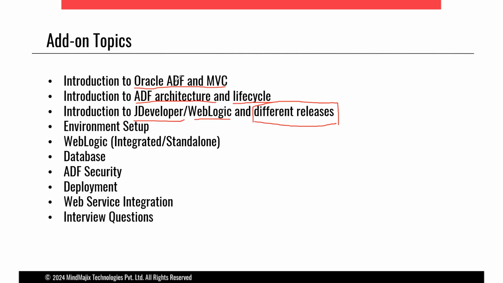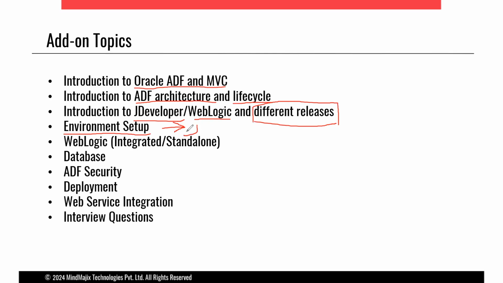Oracle ADF means Oracle Application Development Framework. It is taken from the MVC architecture. And one more thing, I will show you how to do the environment setup, what things are required to work on Oracle application development.